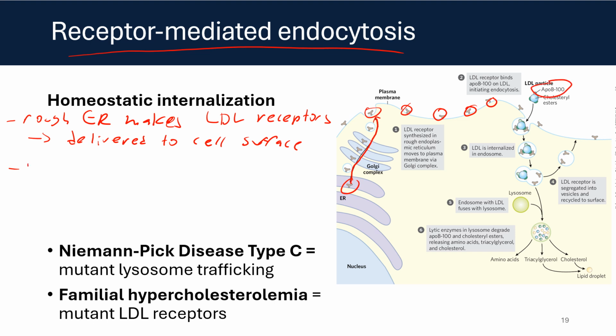So the LDL receptor binds ApoB100, and that's going to result in internalization. Once we have internalized the entire LDL particle, it's going to migrate through the cytoplasm until it collides and merges with a lysosome.